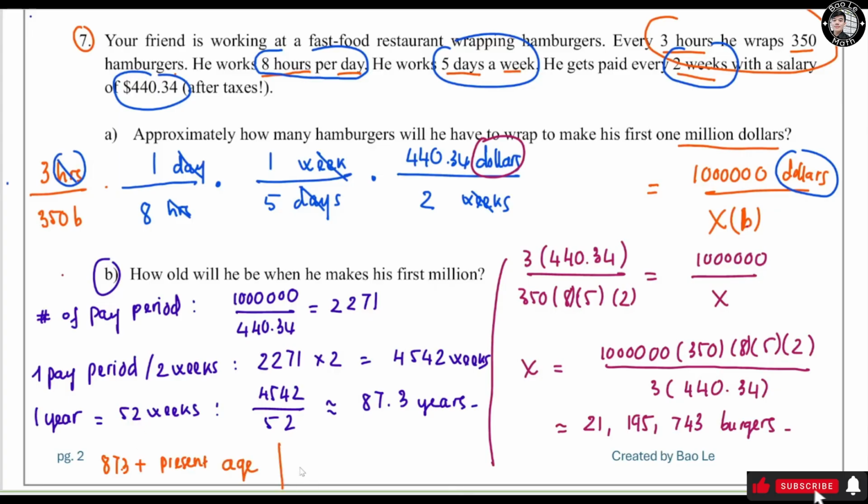Now suppose your friend is 18 years old right now. Then you need to add this. It turns out to be 105 years. So your friend makes his first $1 million at 105 years old. And it's a good time to stop.